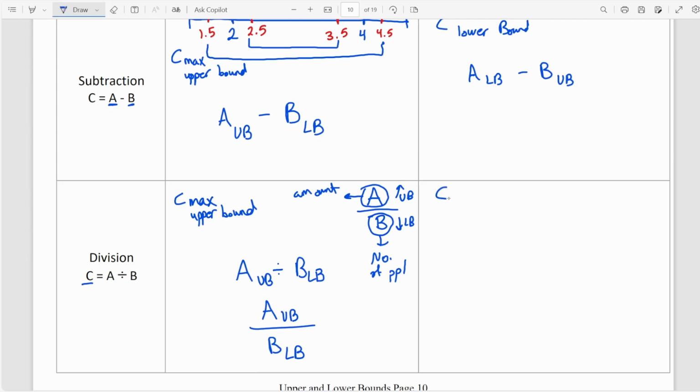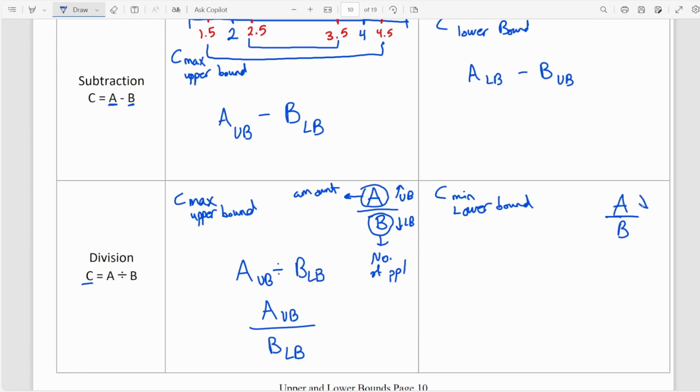Now, let's say you want to achieve C minimum or C lower bound. Now, in that case, again, it's the same example, A over B, with the chocolate and the people. Let's say you want to give the least possible amount of chocolate to each person.